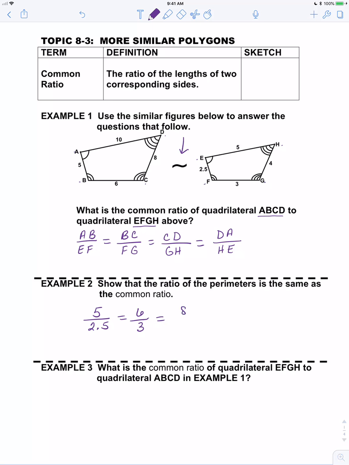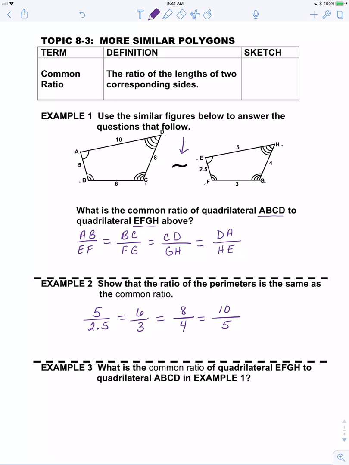CD is 8, and line GH is 4. DA is 10, and then HE is 5.